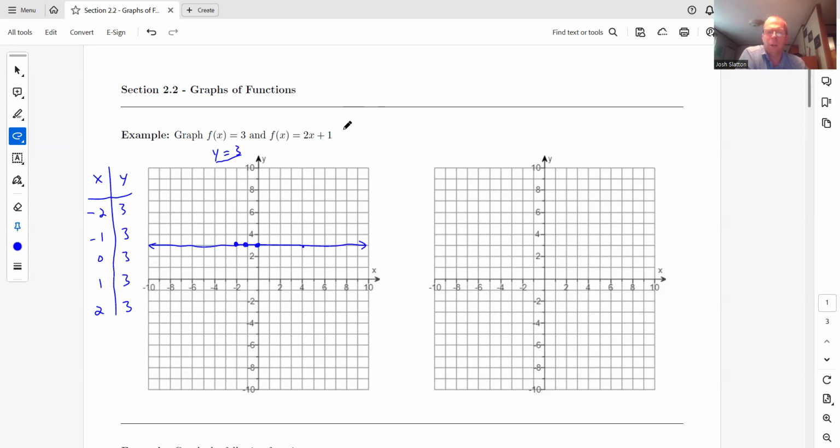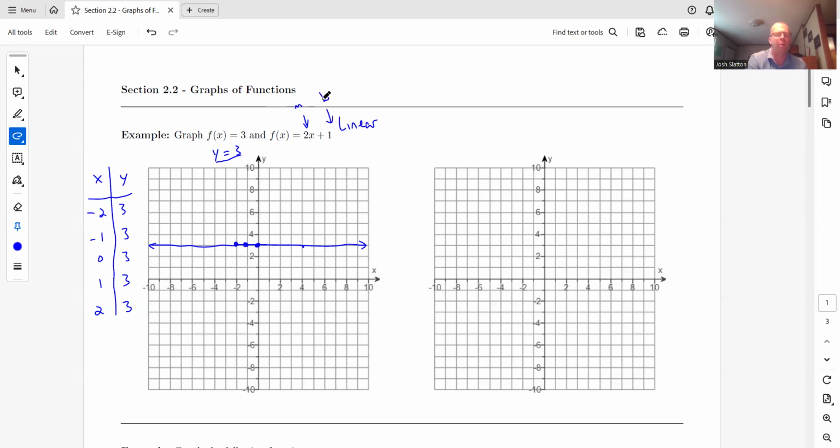Now, this one, as you probably know, is a linear function, and linear functions are straight lines. This is one that you would have learned to graph probably in Algebra 1. So we have the slope, and you can make a table of values on this, but it's not really necessary.